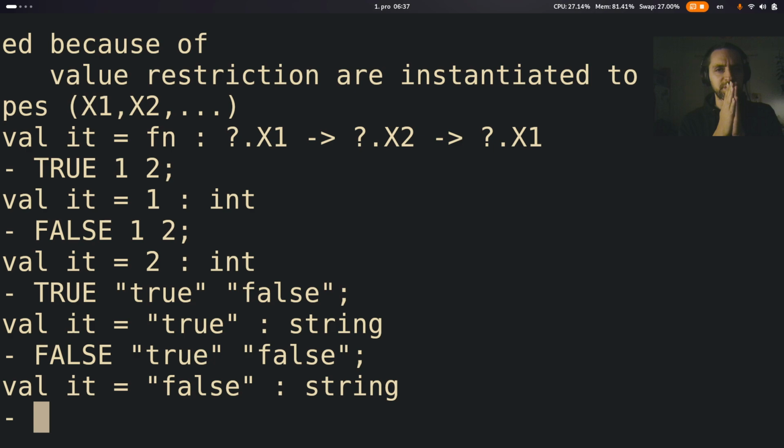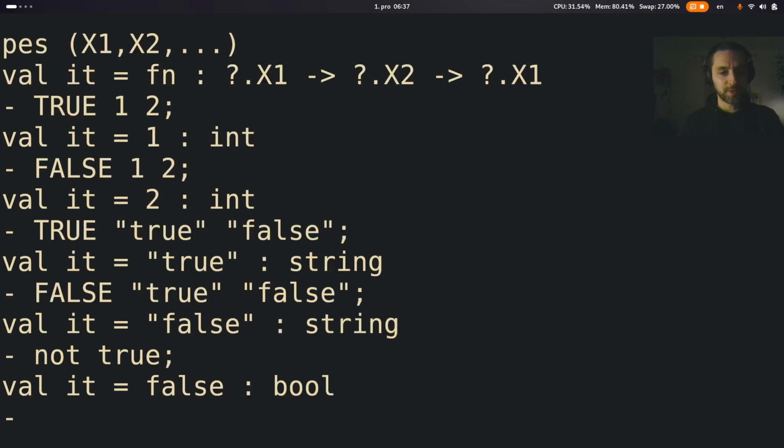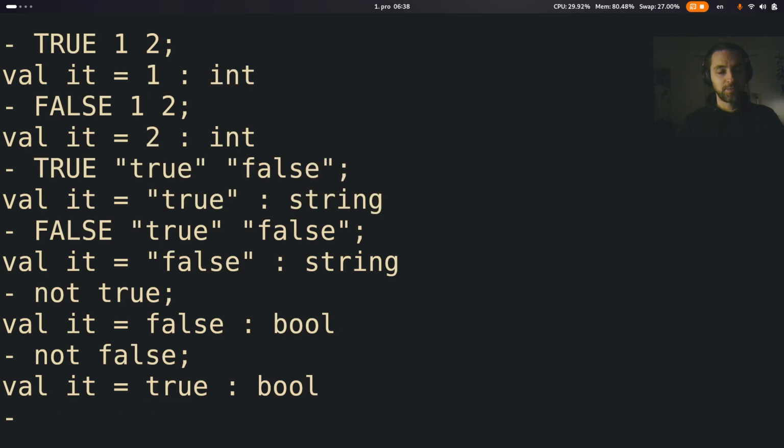Well, that's interesting. Not true. Right, we have it already defined here, I think. Not true. It's false. Not false. True.